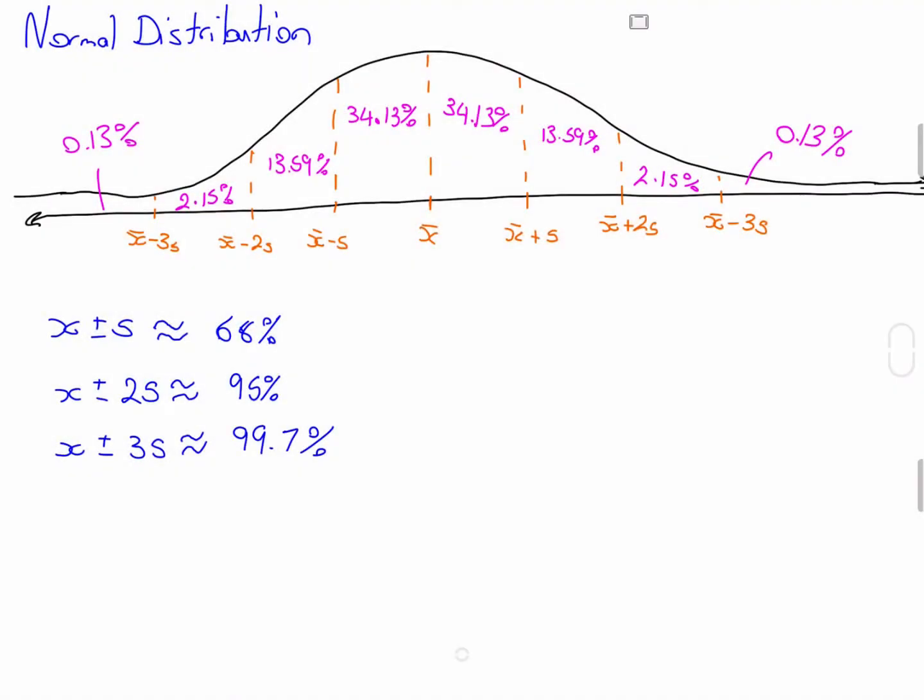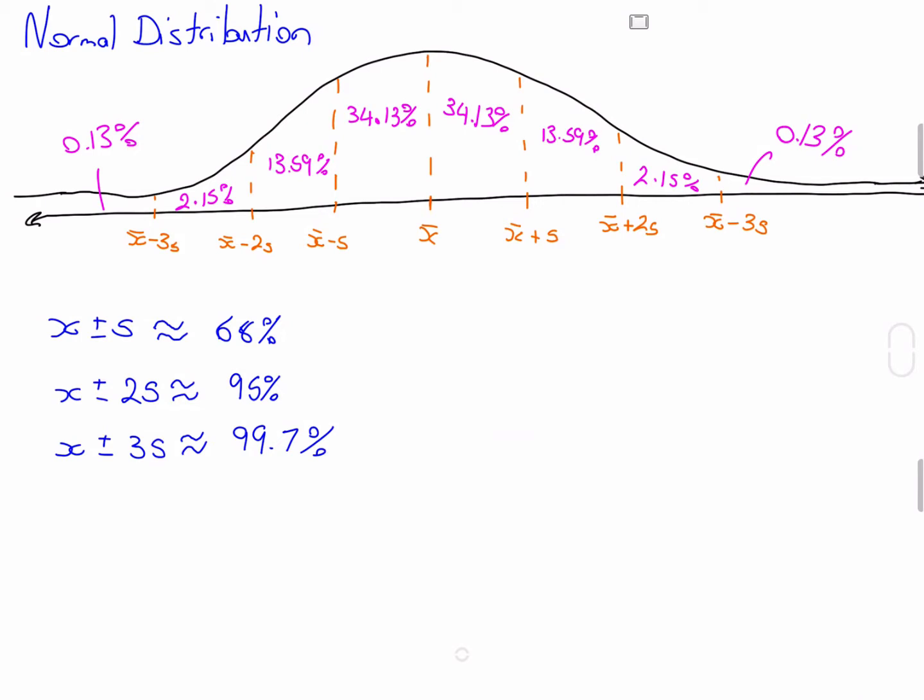So up here I've drawn what our normal distribution looks like, and I've associated the percentages with each of the different areas underneath the curve. For example, between our mean and our mean minus 1 standard deviation, as I've mentioned before, it's 34.13. And when we integrate, we'd find that, as I've mentioned previously, the area under there would be 0.3413, roughly.